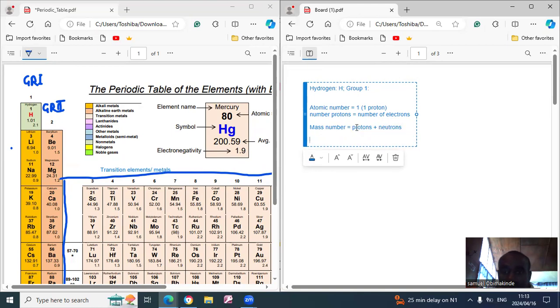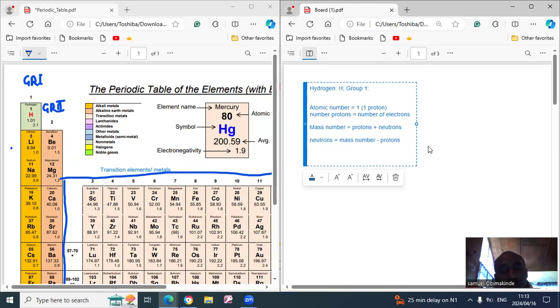Therefore, if we have the mass number and we have the number of protons, as we can see for this element, then we can calculate the number of neutrons. So if we make the number of neutrons the subject here, it means that the number of neutrons will be equal to the mass number minus the number of protons. Right? So that is just the way to calculate it.